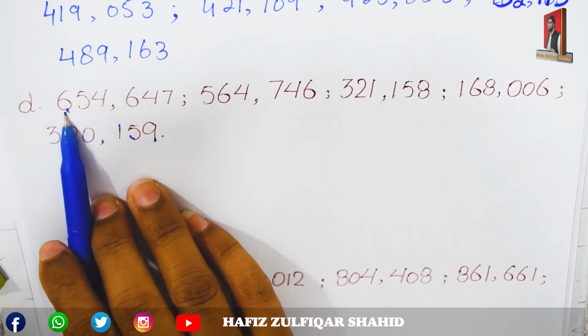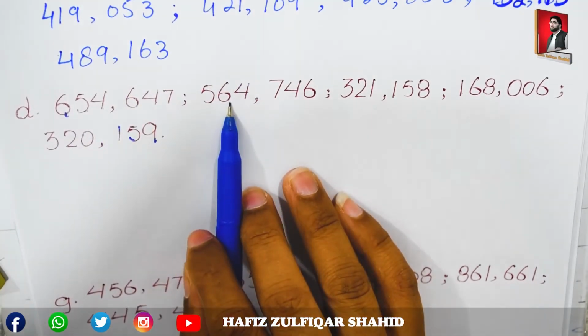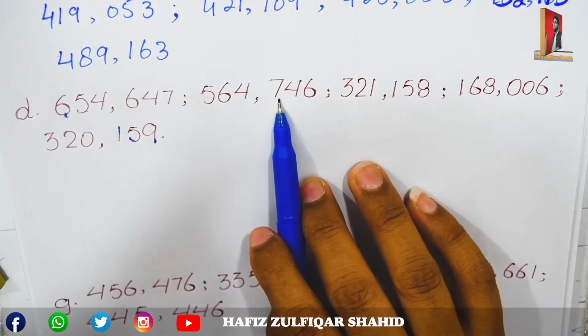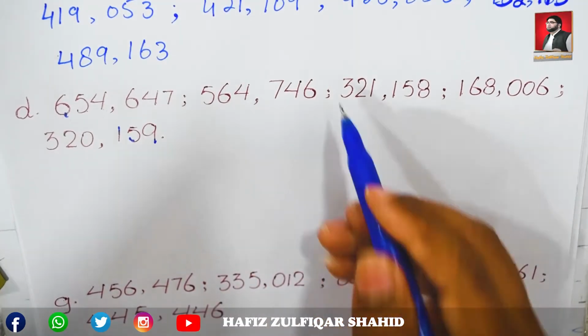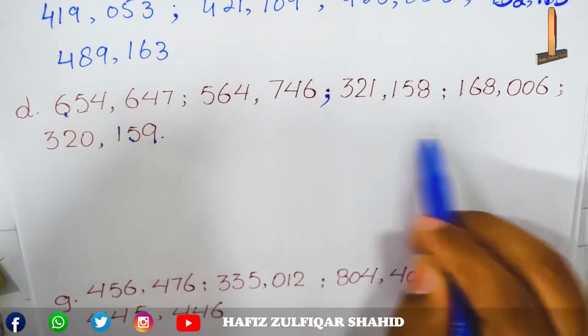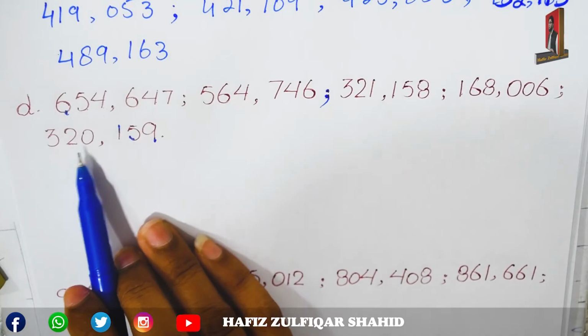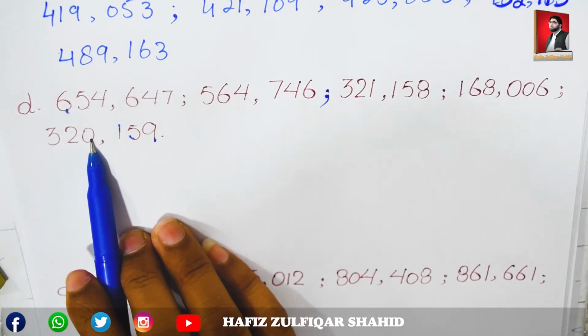No, we have 654 million. In the other value we have 564, then 321 million, then 168 million, and in the last 320 million.